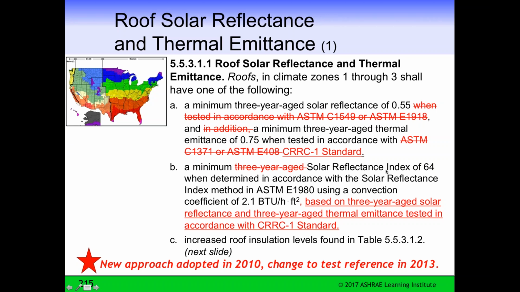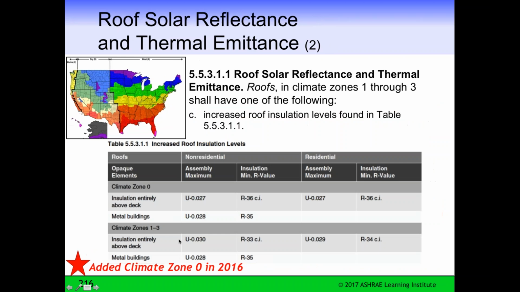A minimum solar reflective index of 64 when determined with ASTM E1980 using a convective coefficient of 2.1 BTU per hour per square foot. Again, based on 3-year aged solar reflectance and thermal emittance data from the CRRC-1 standard. You either have these white roof requirements, or you have to increase your roof insulation levels as shown on the next slide.